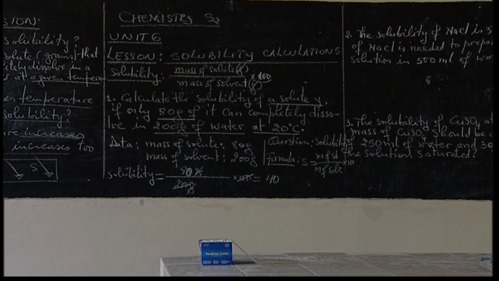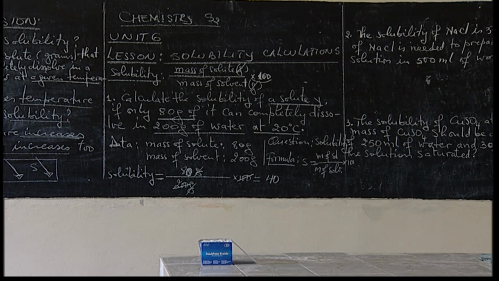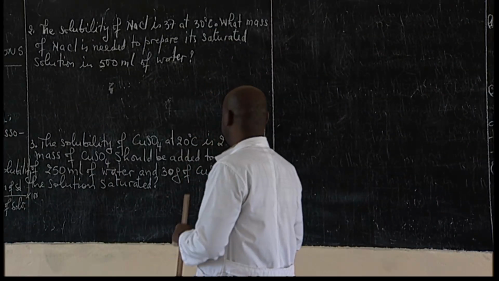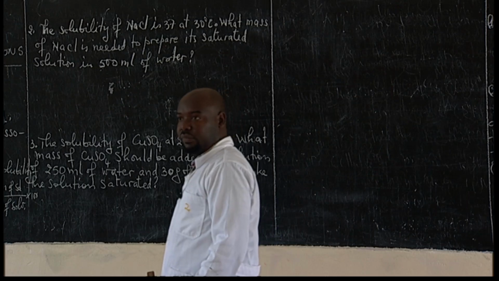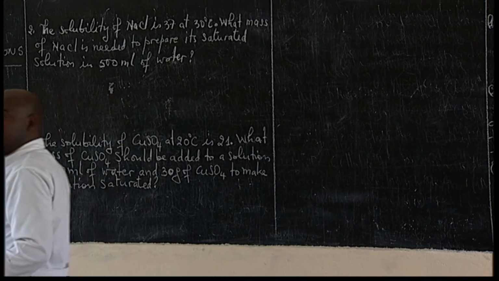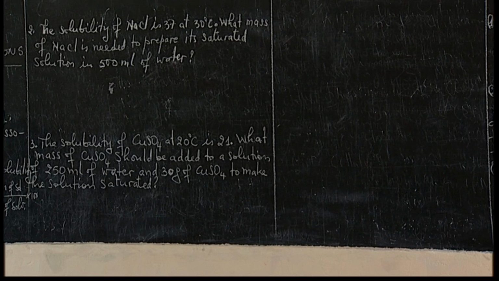Now let us go to the second type of question. The solubility of sodium chloride is 37 at 30 degrees. What mass of sodium chloride is needed to prepare its saturated solution in 500 milliliters of water? Take 30 seconds and think about how we can work out that question.